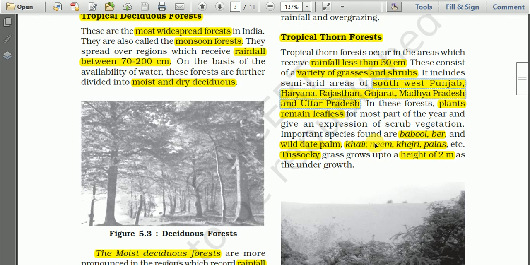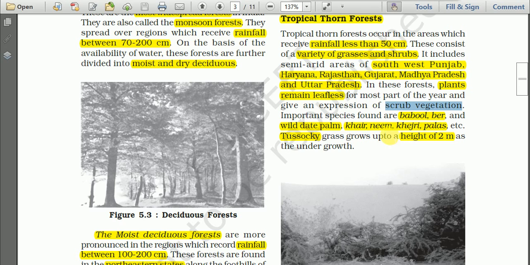In this forest, plants remain leafless for most part of the year and have the expression of scrub vegetation. Important species found are babul, that is acacia, then ber, wild date palm, khair, neem, khejuri, palas, etc. Then tussock grass grows up to a height of 2 meters as the undergrowth.